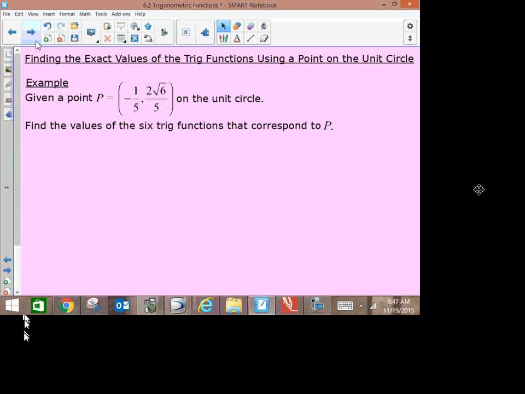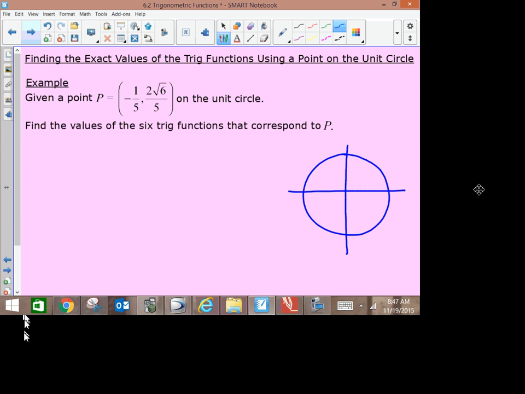Okay, so let's be more specific. Let's put the point (-1/5, 2 radical 6 over 5) on the unit circle. Here's my unit circle. What quadrant is point P in according to the signs? Quadrant 2, right. -1/5, remember this is -1, so -1/5 would be about right here.